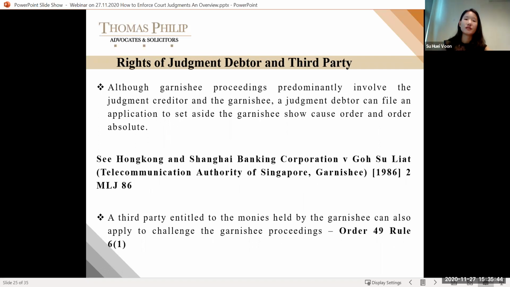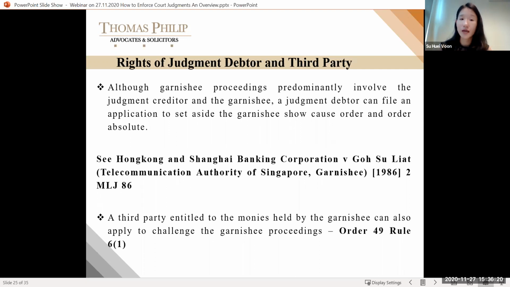So broadly speaking, Garnishee proceedings predominantly involve the judgment creditor and the Garnishee. I think that's quite evident from the previous rules we saw, where you need to serve the show cause order on the Garnishee, but it's possible for the court to say that it's not necessary to serve it on the judgment debtor. However, if a judgment debtor does seek to set aside the Garnishee show cause order and order absolute, there is recourse to that.